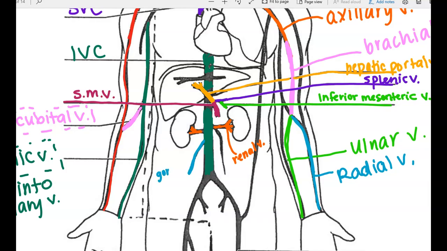So I'm just going to label this as gonadal, and then same thing as the artery. If we have a female, we can call this the ovarian, and if we have a male, we would call this a testicular vein. But notice how on the left side, this gonadal vein is going to drain into the left renal vein. Okay, so I'm just going to put a left gonadal vein here. And of course, this side would be our right.